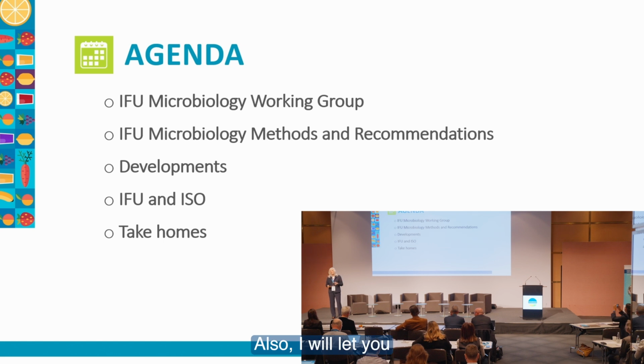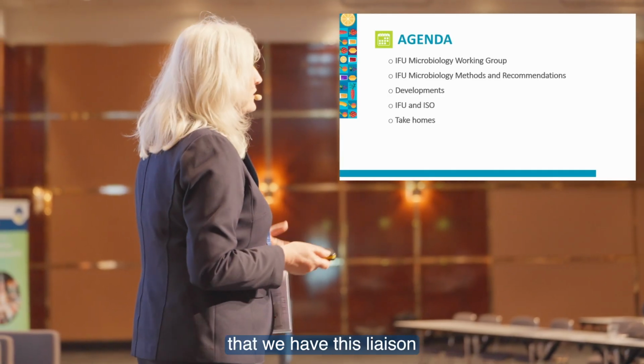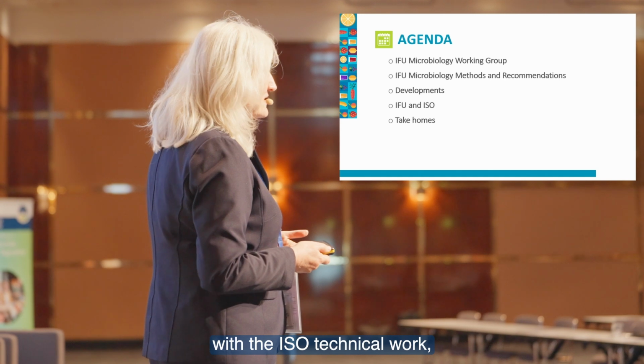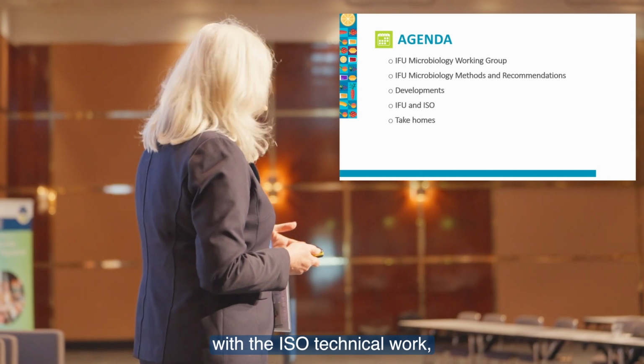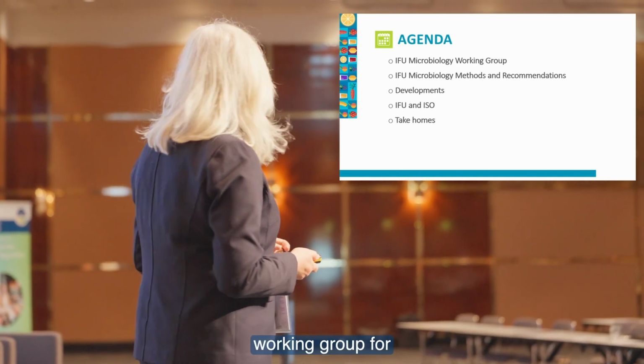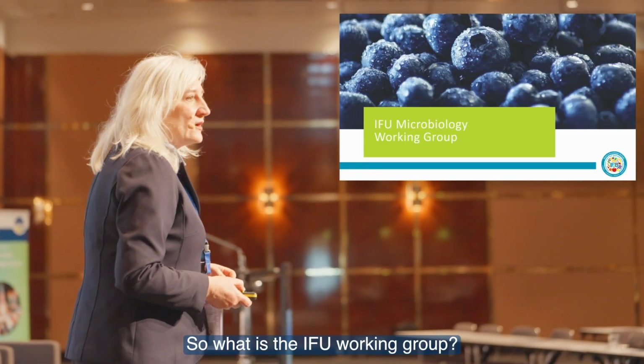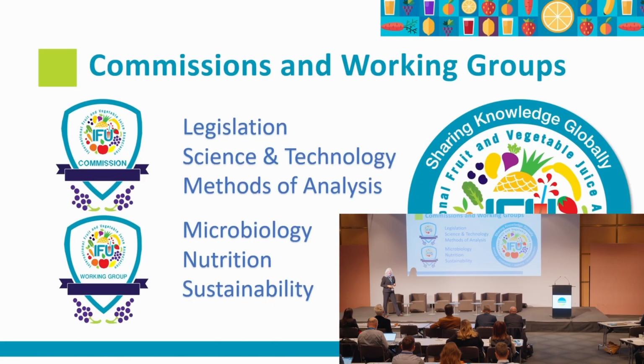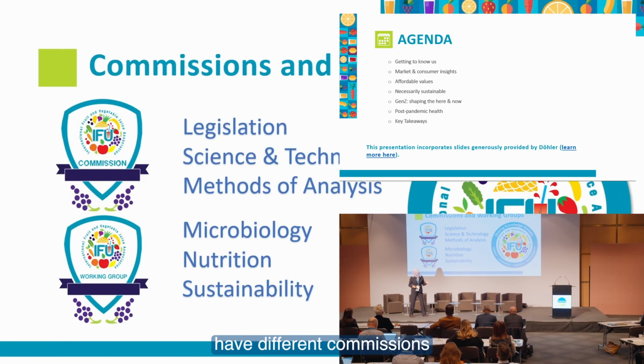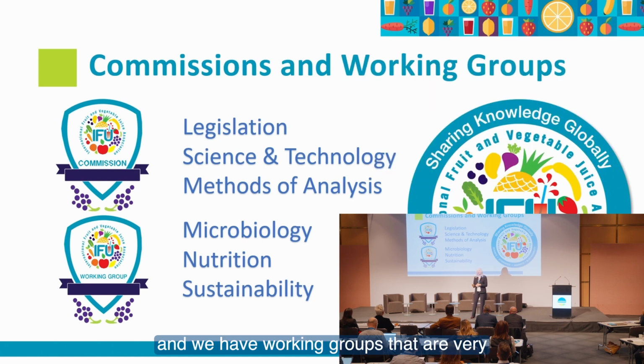Also, I will let you know, some of you already know, that we have this liaison with the ISO technical working group for microbiology, and some take-homes. So, what is the IFU working group? As Tatiana explained, we have different commissions and working groups. We have 3 commissions: legislation, science, technology, and method of analysis, and we have working groups that are very active, I have to say: microbiology, nutrition, and sustainability.